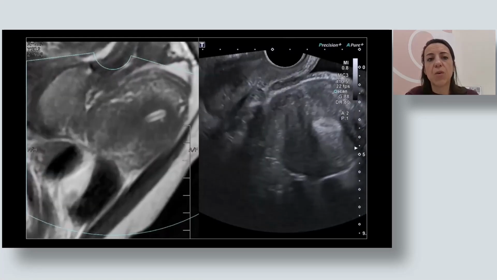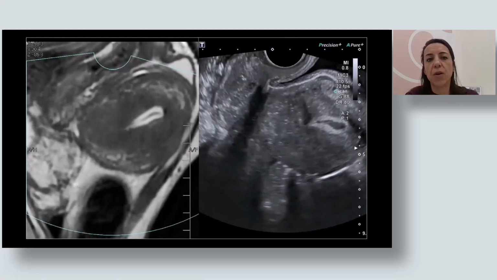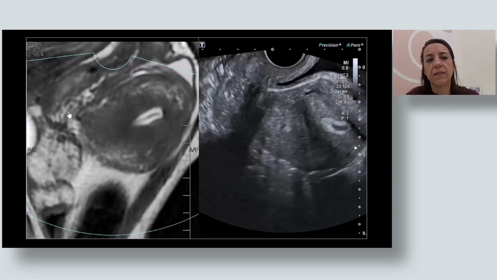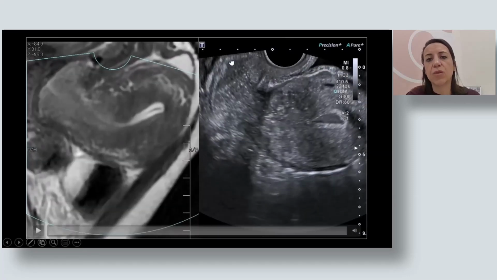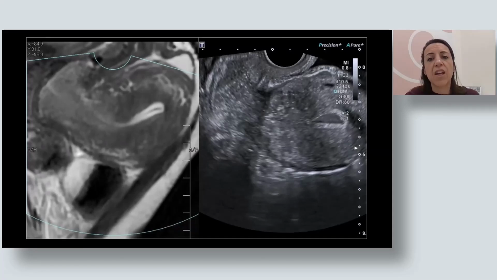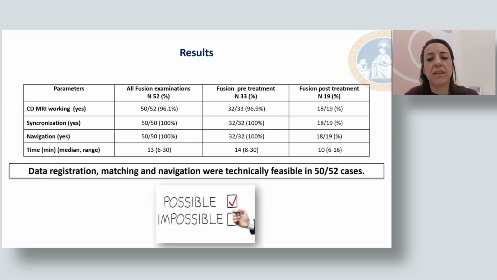In this image, we can visualize a tumor on MRI on the left side, and the lesion on ultrasound examination on the right side. It was just a feasibility study, but we need to explore more to better understand its role in cervical cancer patients.